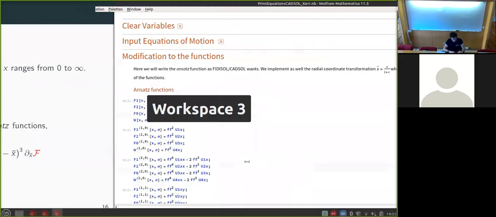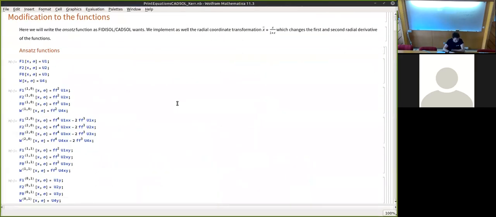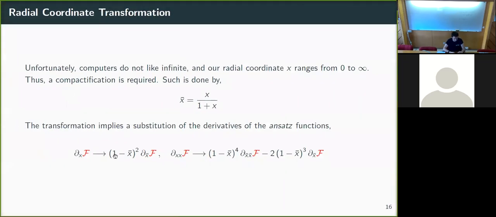So on the Mathematica file, you can say that f1, f2, f0, w are equal to u1, u2, u3, and u4. And the first derivative with respect to x, the radial coordinate, will be this ff squared times the derivative, where ff is 1 over x bar.